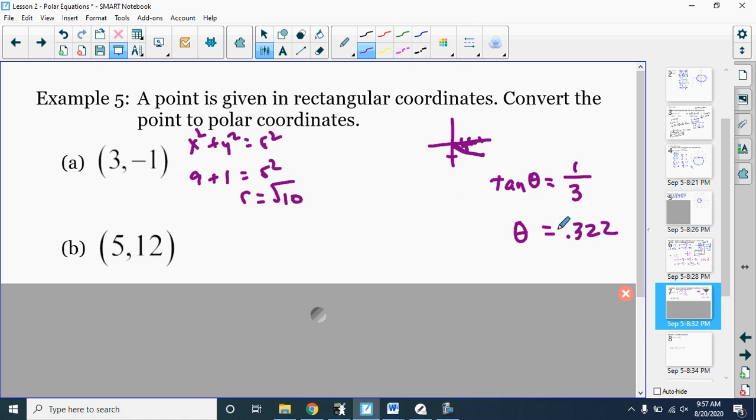This is not our theta that we're going to list as our polar coordinates, because an angle of 0.322, notice, is less than pi over 2 even. That would be like in here somewhere. So remember, your radius that you're listing here starts on this side and goes around this way. I need that angle measure right there. So notice the 0.322 is this much. So if I start with the 2 pi and take that out, that's going to give me the measure I'm looking for. So I want 2 pi minus 0.322.